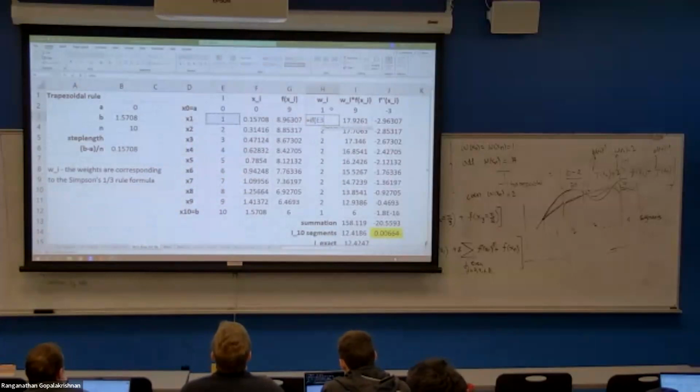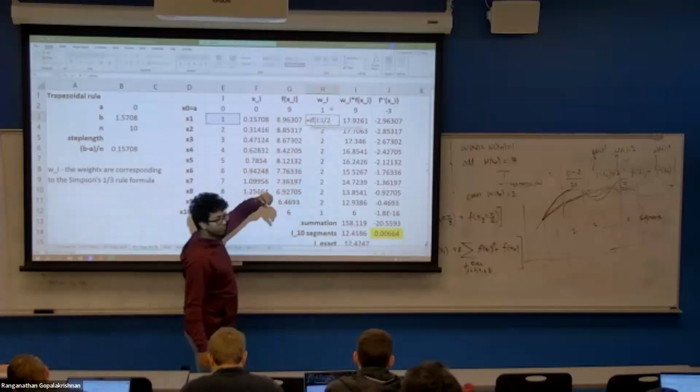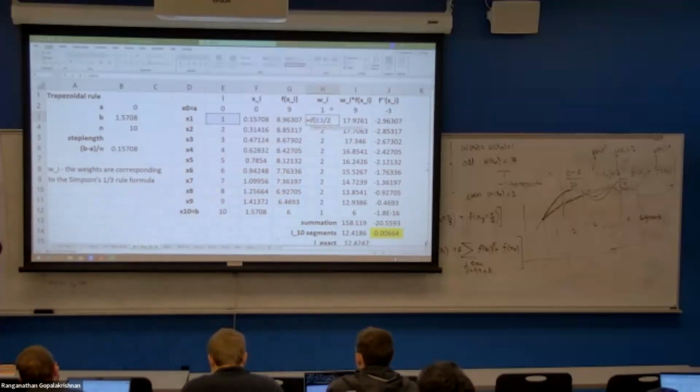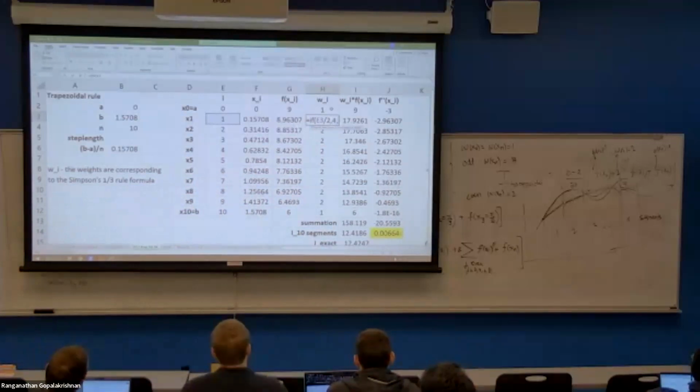By 2, you get a whole number or not. You have to come up with a simple logical test in Excel that checks whether a given number is odd or even. If it is odd, it's going to be 4. If it is even, it's going to be 2.